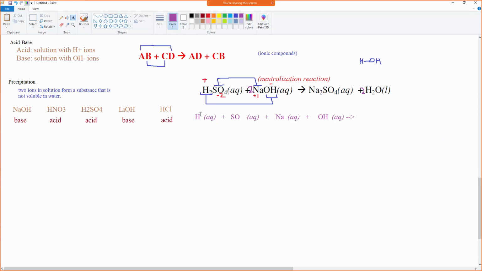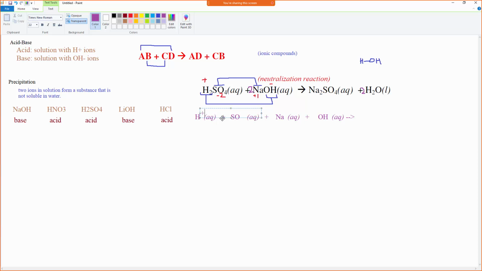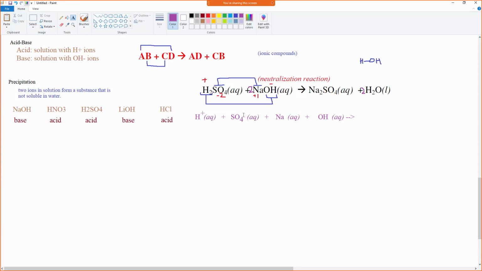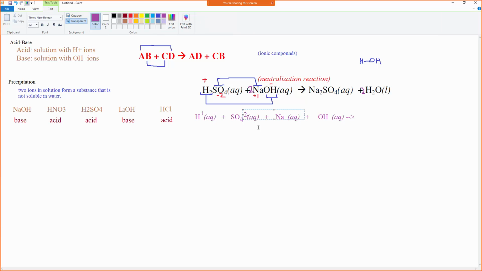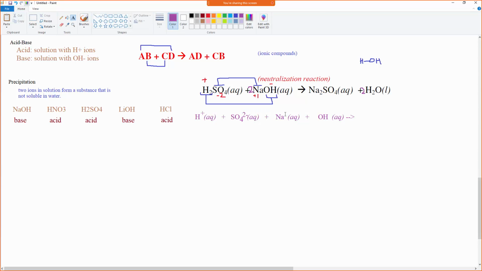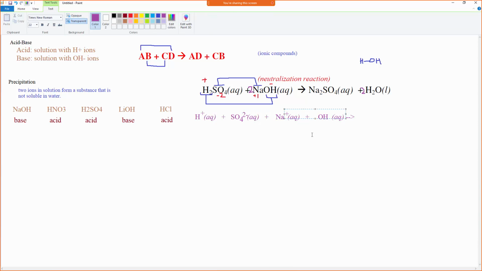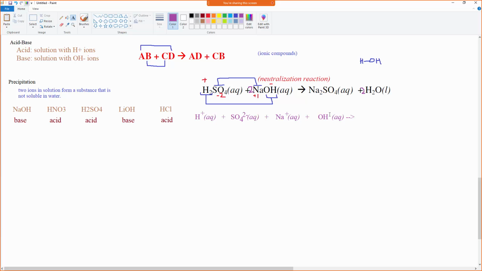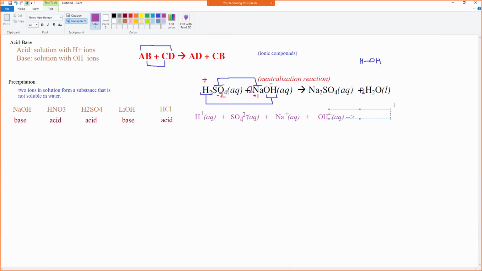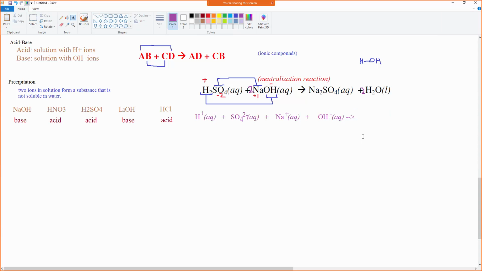Let me fill these in. Plus, 4, 2 minus, plus, and a minus.